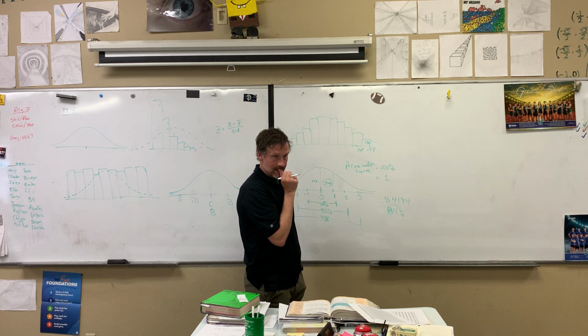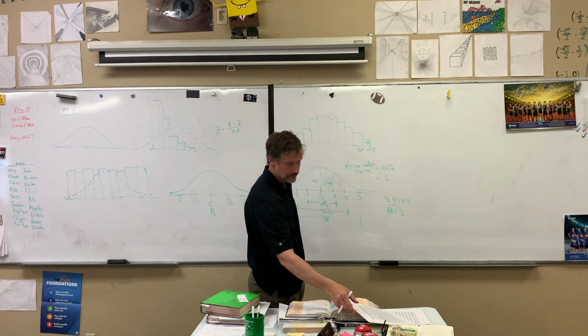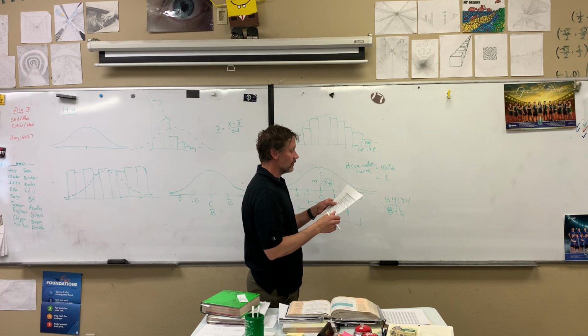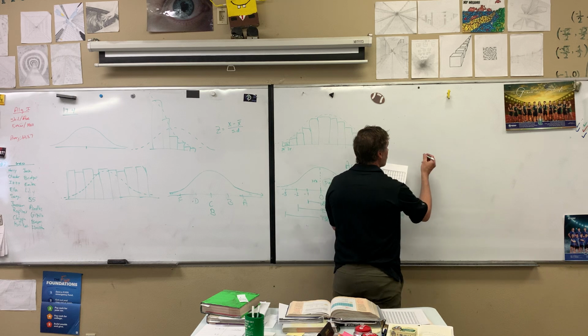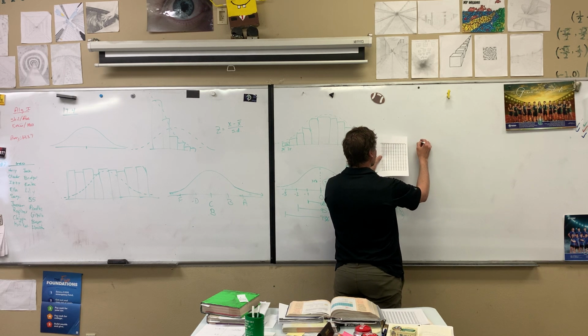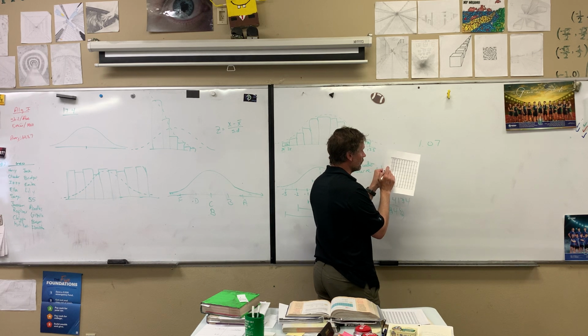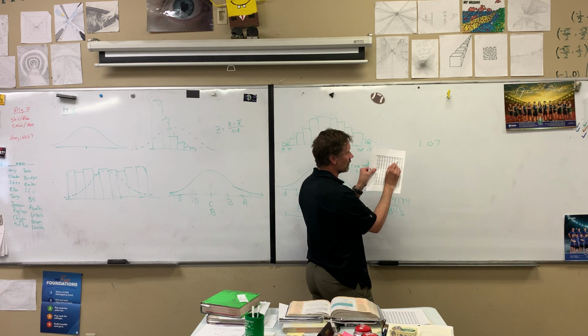So what's the top row for? Let's say your z-score on this white sheet was 1.07. You would go to the 1 and then go all the way over to 0.07 and march down.